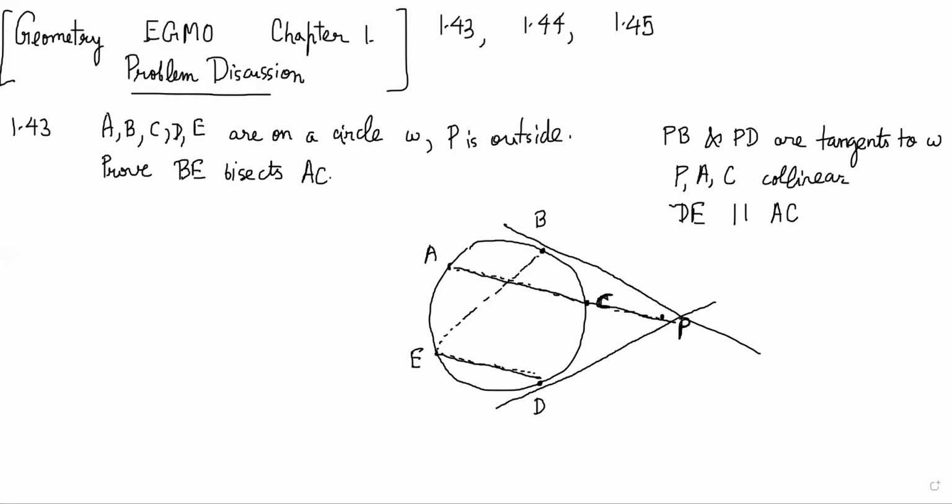Let's think about it. My thought is to prove a perpendicular from the center. Let's say O is the center, and the midpoint of AC should be M, and OM will be perpendicular to AC.